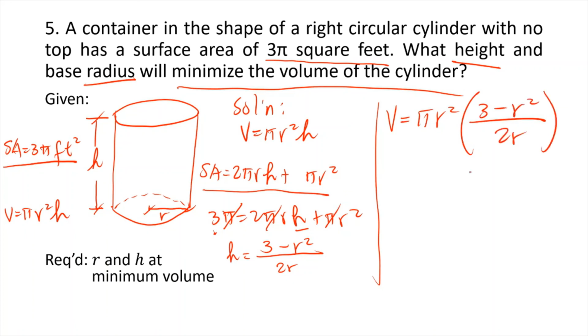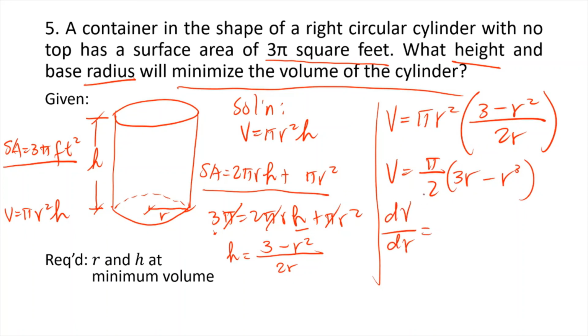We can rewrite this as pi over 2, then r squared divided by r, so r, and then distribute r. So this becomes 3r minus r cubed, right? Take the derivative with respect to r.